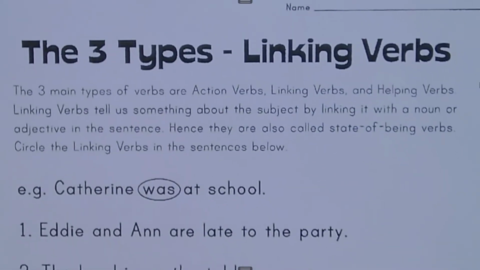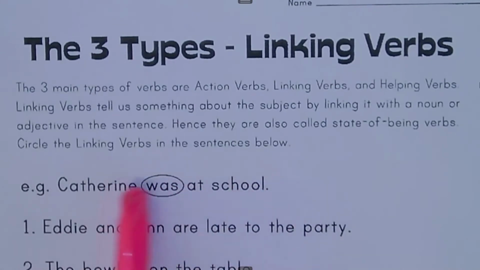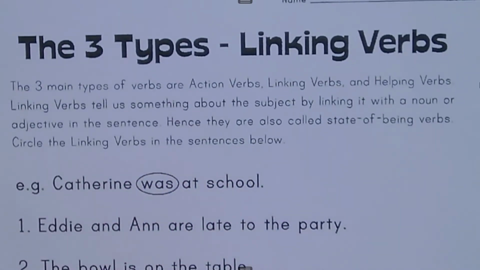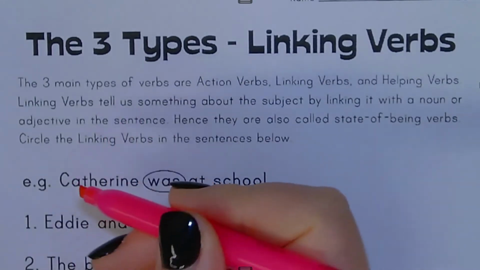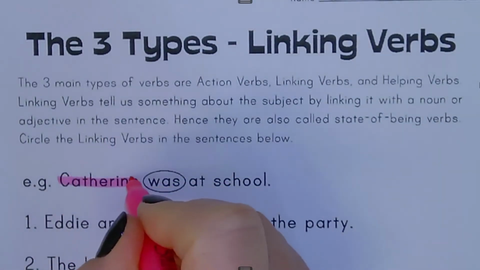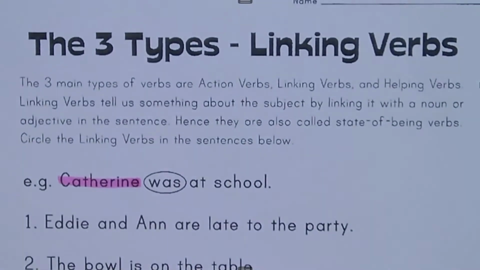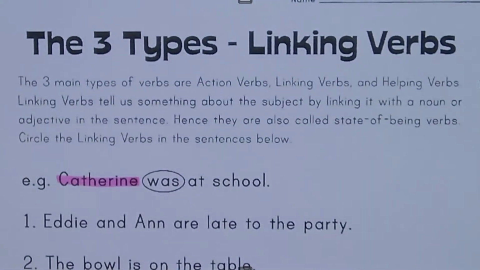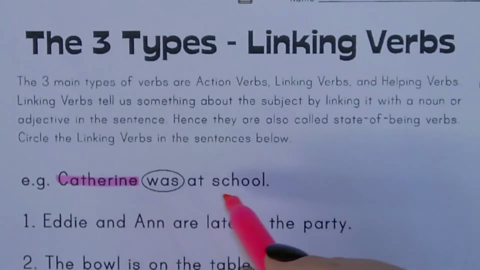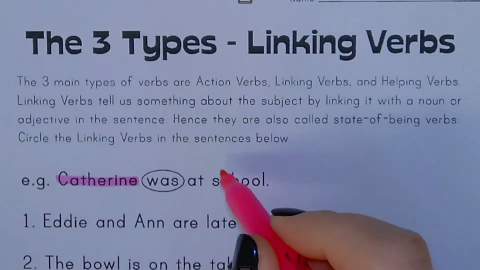So for example, look at this example sentence that's already done for you. Catherine was at school. What is the subject of the sentence? Who is the sentence about? Catherine. So Catherine is the subject of this sentence, right? What are we learning about Catherine? Well, the noun that we're connecting Catherine to is school.